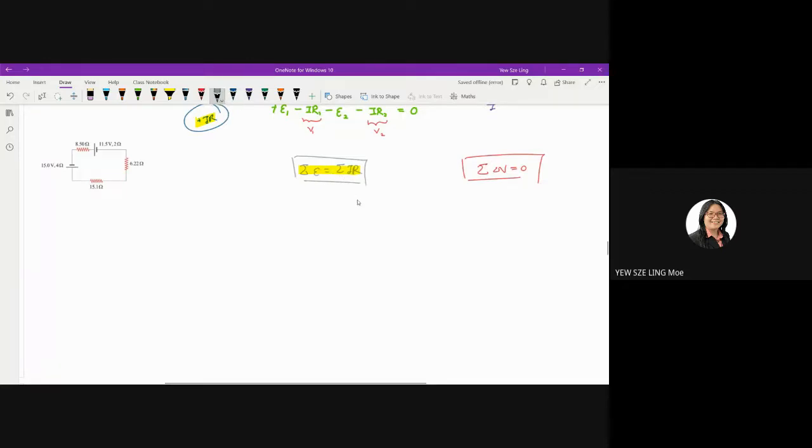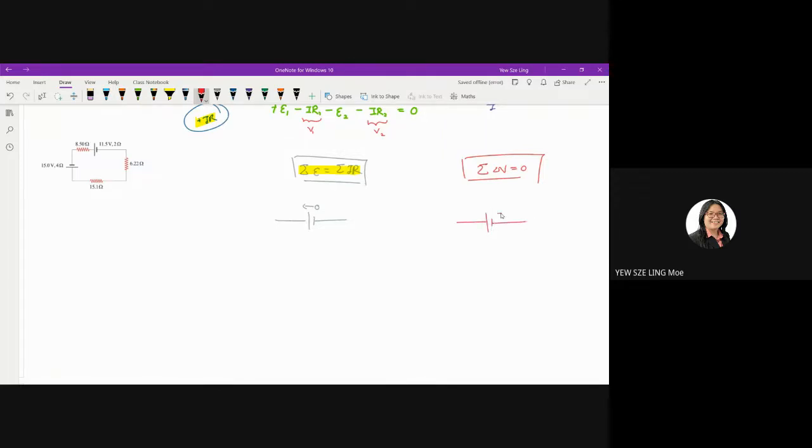What is the main difference between these two? When it comes to this equation, the battery also gets a sign, a direction. They draw the direction from negative to positive. That is how they determine the direction. When it comes to equations with delta V, what we do is check the terminal.